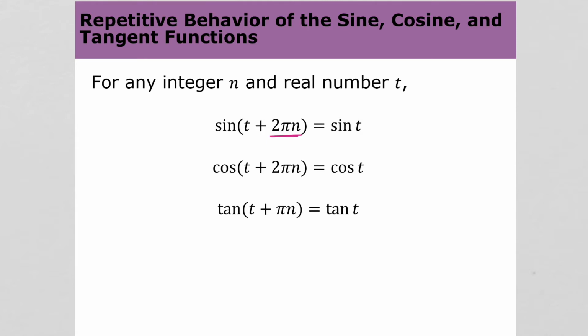We could make n 3 and multiply by 6 pi. We could make n negative 1 and multiply by negative 2 pi, adding to whatever angle we're talking about. And with tangent, it's just pi. So if n were 2, then it would be 2 pi. If n were 3, it'd be 3 pi, and so forth.